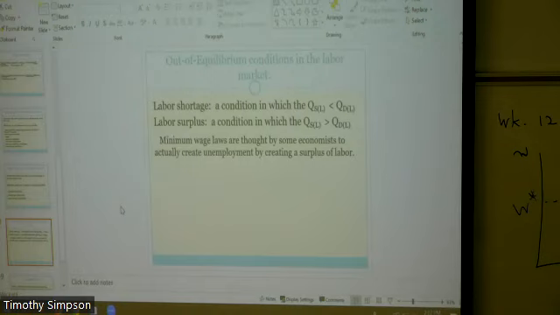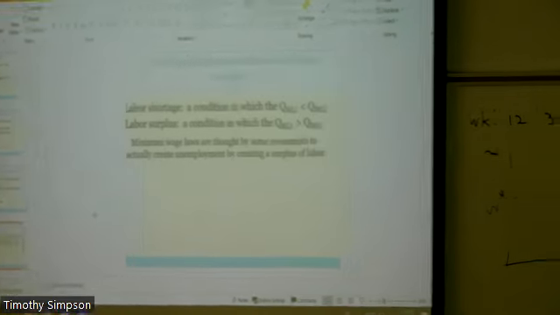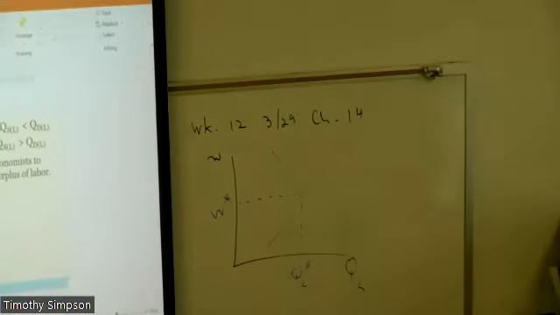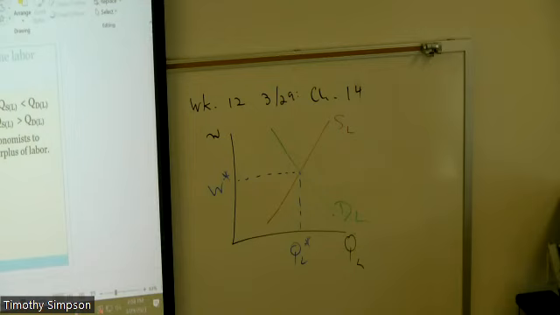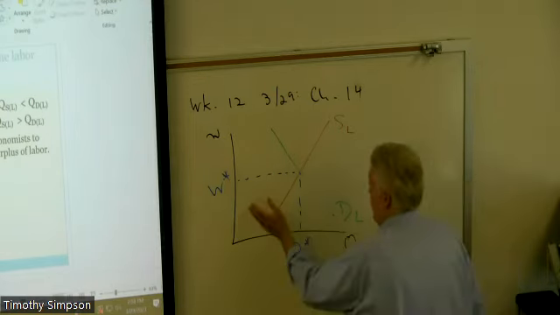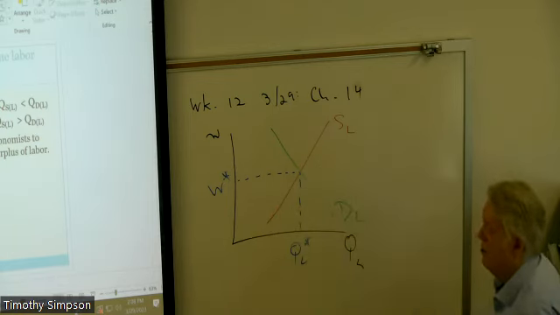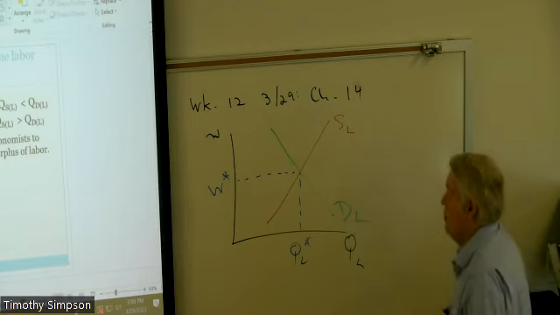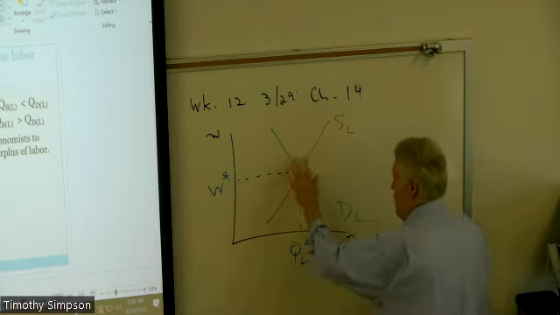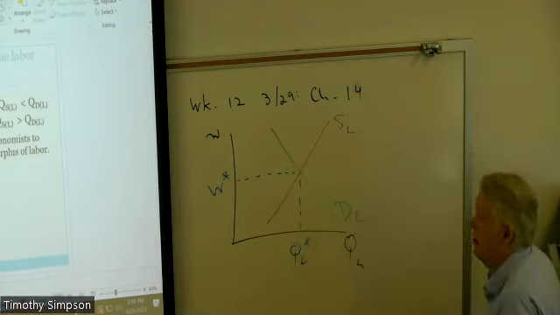Sometimes though, and I know we talk about this in macro, it's not always the case that the market reacts as quickly as people think it ought to. So you have to think that would be a market that is shifting and bringing the wage down, and ultimately it'll hit the axis and go to zero. But whatever the good in question is, it creates demand for labor in particular occupations.